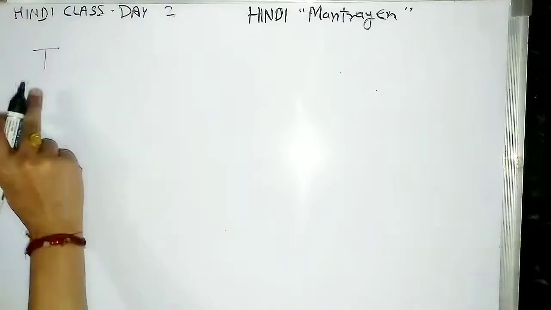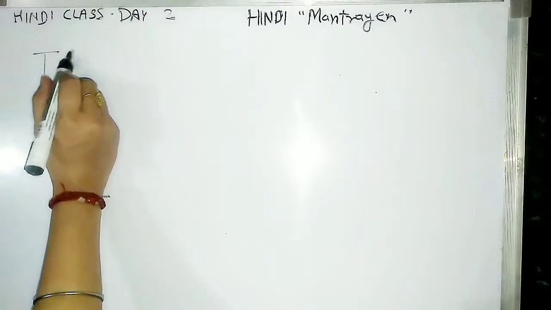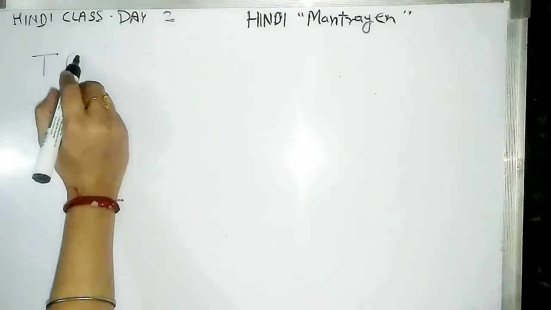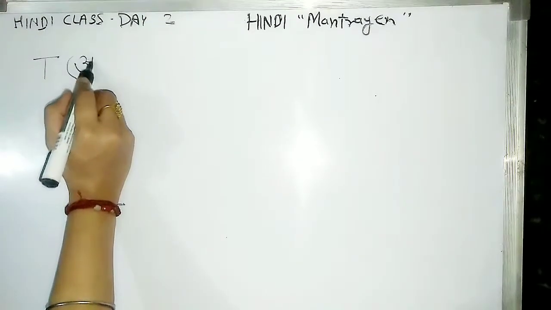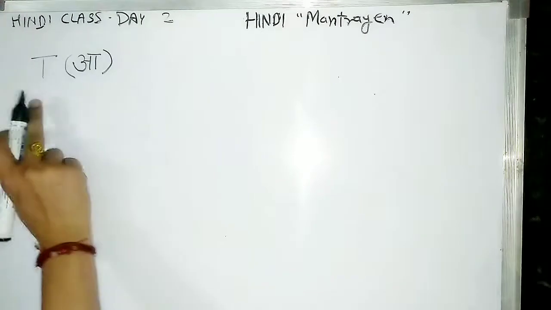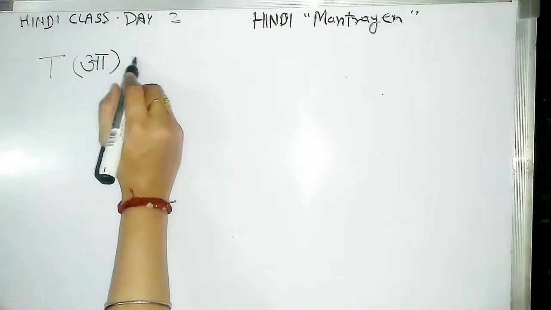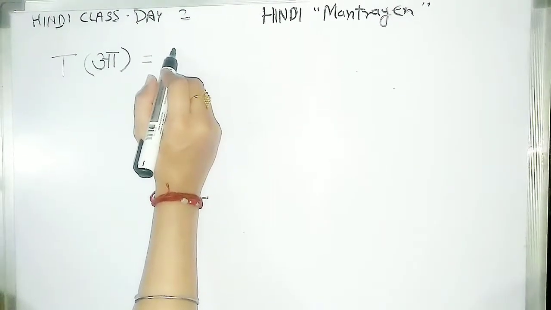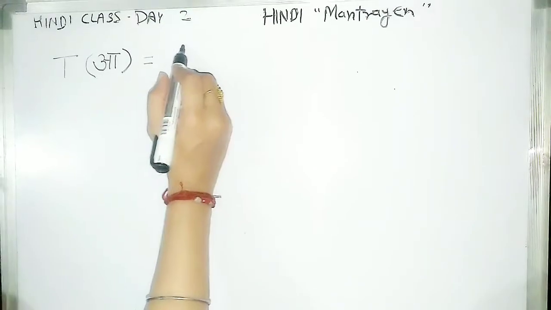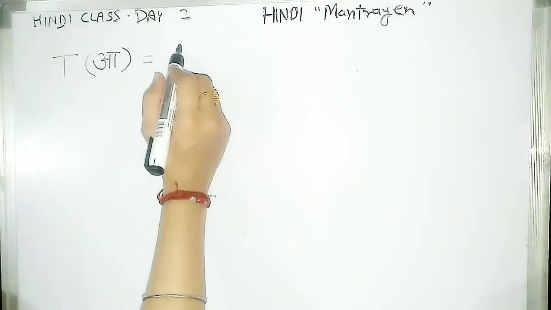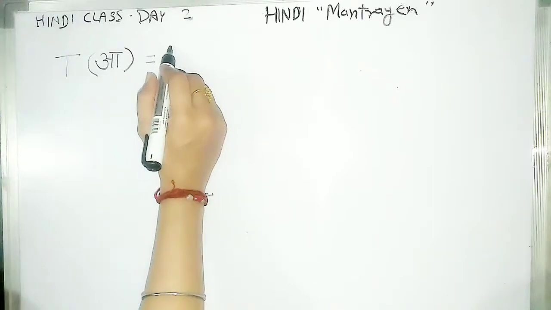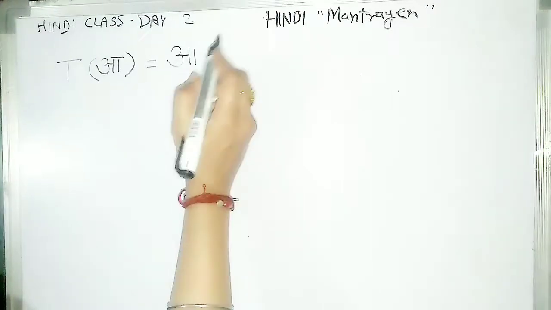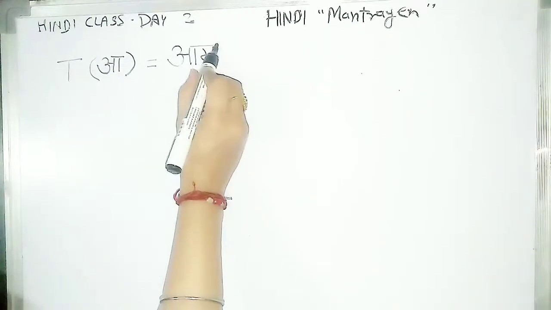So the first is the matra of A. Right here, A. This is A, Aam.